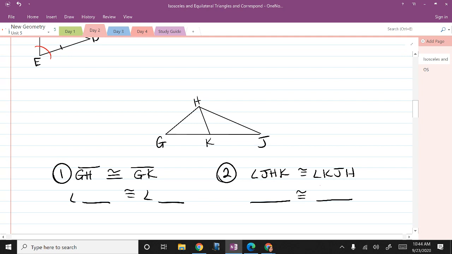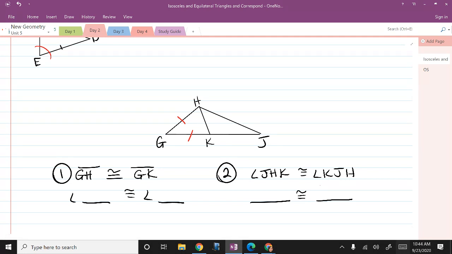Okay? So this one says, I'm going to mark my picture because that's going to make more sense. Okay? So I've got two triangles that are kind of scooted up against each other. They share the side HK. And they tell me that line GH, which is right here, is congruent to which one? GK. Now, am I using this little triangle over here?